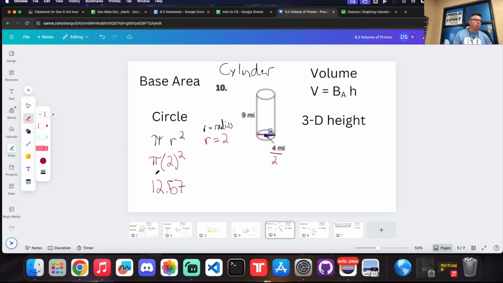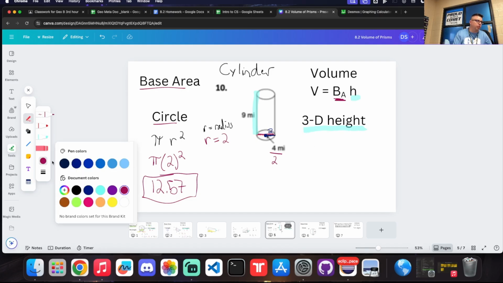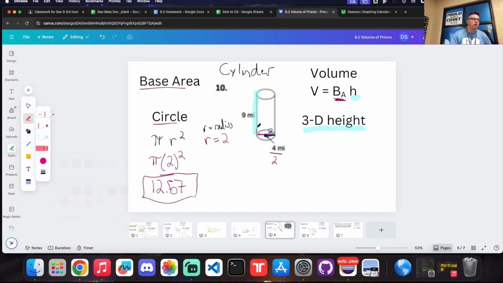So this is the base area of my circle. So my base area of my circle is my BA. Then we have a three-dimensional height again. This three-dimensional height plays a big role in volume. So that three-dimensional height is going to be 9.